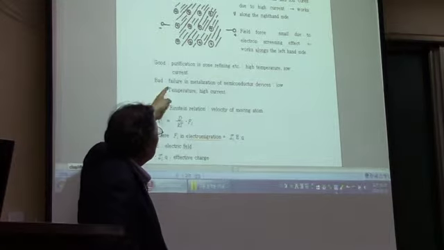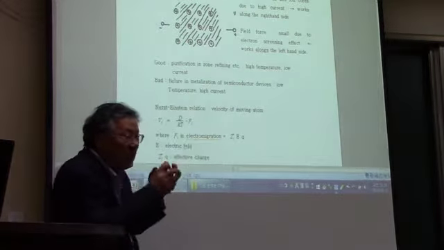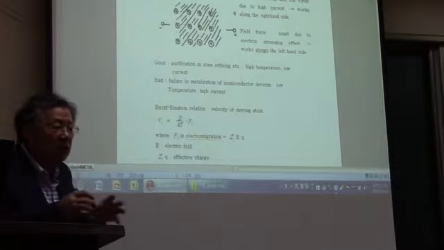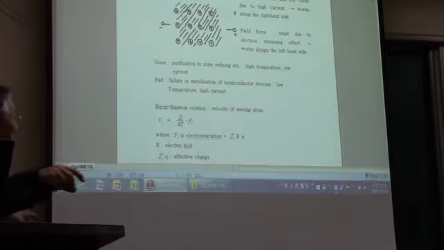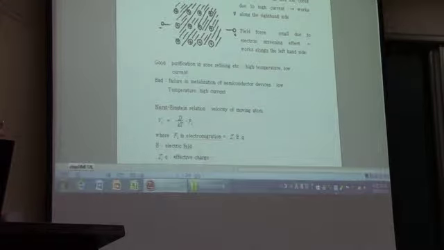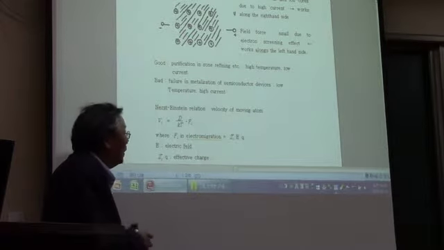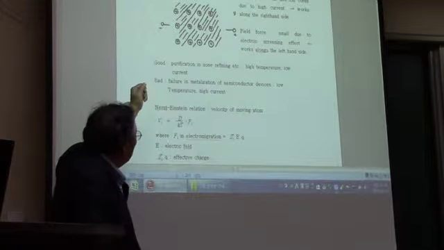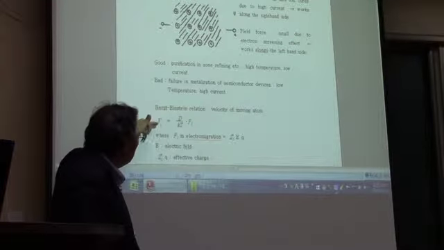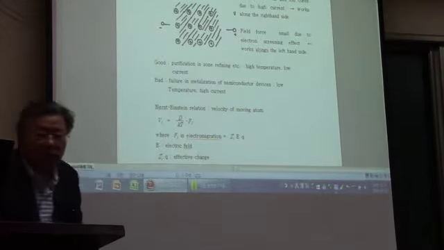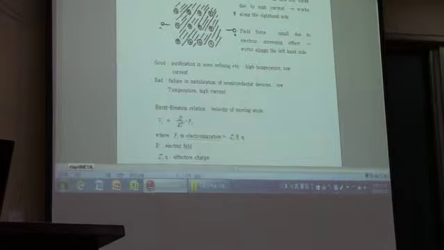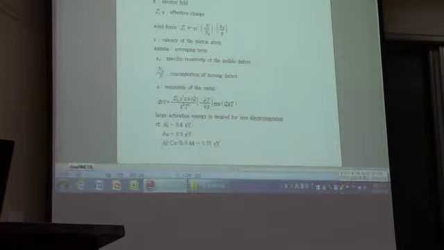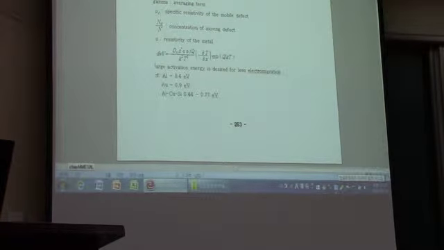The bad thing, the failure, because ions are moving, so the physical dimension is going to change. And one of the things is the failure. Okay, the Nernst-Einstein equation relates the diffusion coefficient and activation energies.